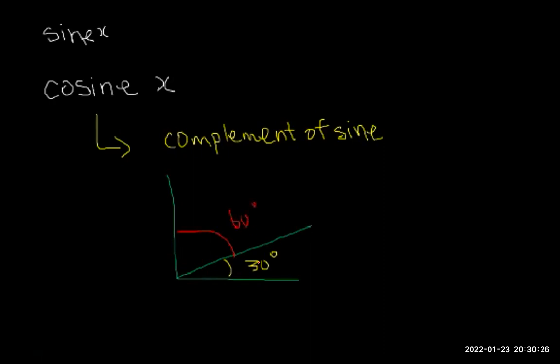These angles, 60 and 30, would be known as complementary angles. Why? Because 60 plus 30 degrees is going to give me 90 degrees, right? Complement of sine, we said that's the definition of cosine. So what does that mean?